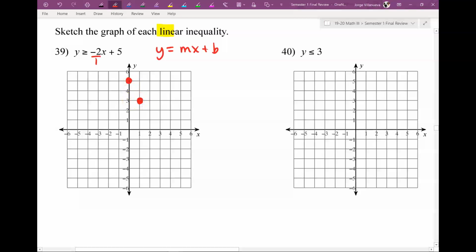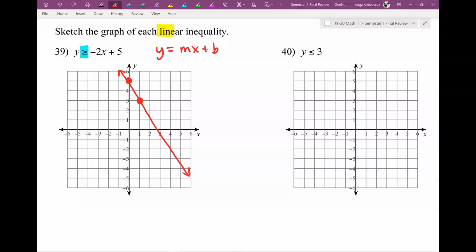Now I'm supposed to connect these dots, but notice how I have an inequality. Let me highlight that for us. Inequality means that the line can be solid or dashed. Now, since it says greater than or equal to, that means that this line will be solid. If it said just greater than, then it would have to be a dashed line.